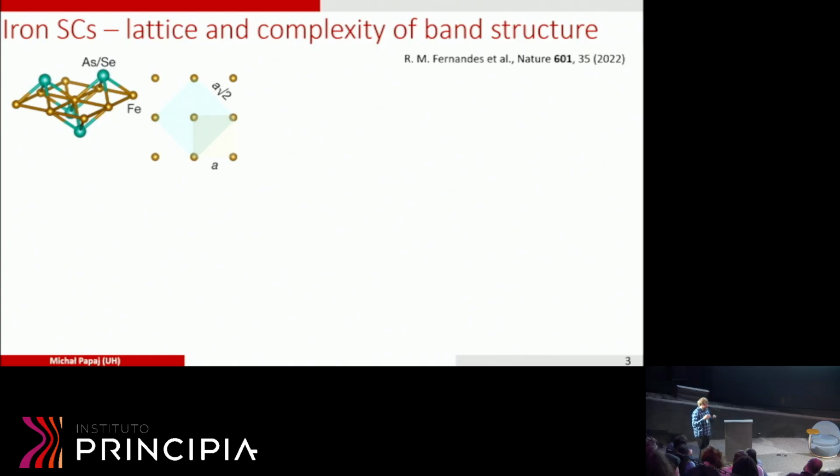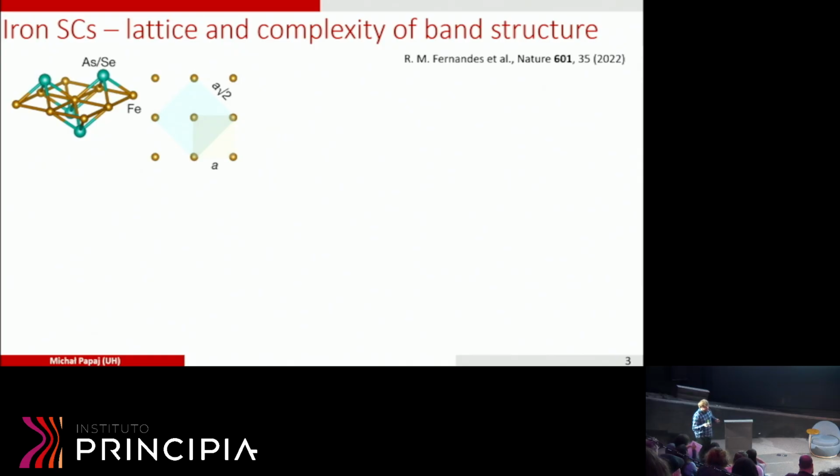The building block consists of a square lattice of iron atoms and also selenide or arsenide atoms that are both above and below this iron plane. This means that the true unit cell of this material consists of two iron atoms.